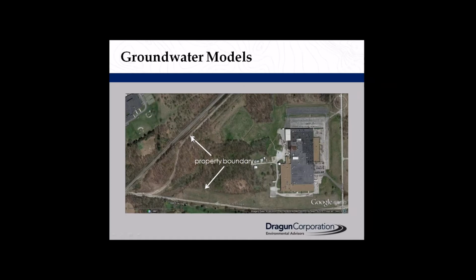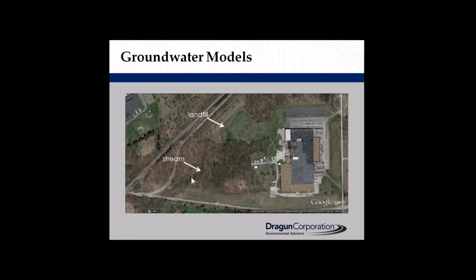The downgradient property boundaries are along here to the south and along the train track, and the consultants who had designed the remediation system previously had used pump and treat. Basically you put a pumping well into the groundwater and it sucks groundwater around it into the pumping well, and you take that water and treat it in a treatment plant, and you would protect the downgradient property boundaries from releasing impacted groundwater.